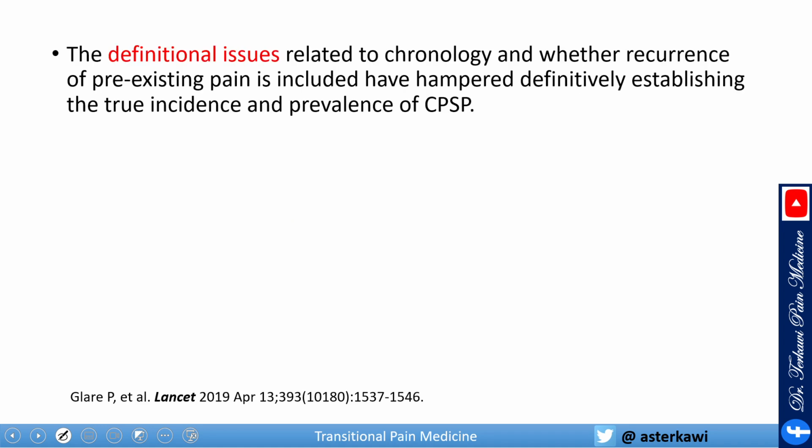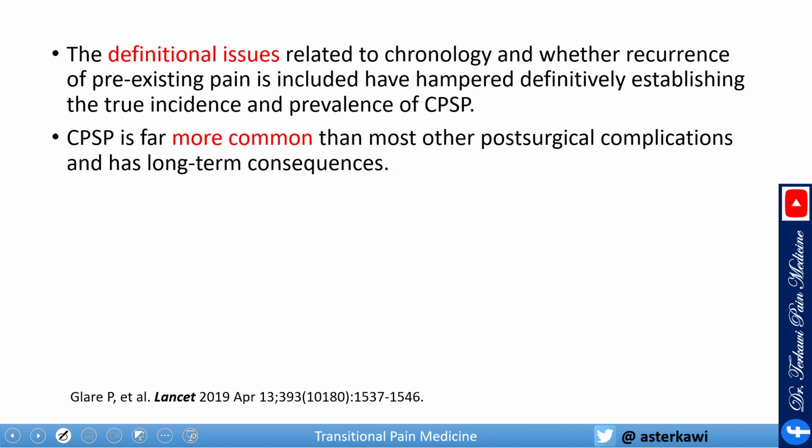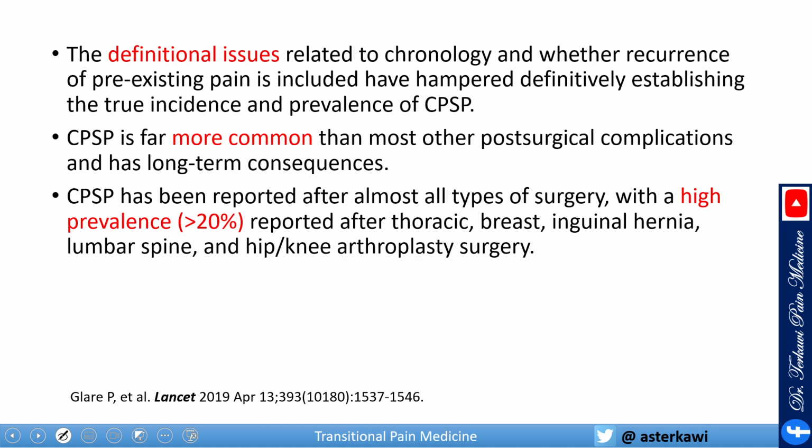Okay, so how common is this? Because, as I mentioned, of the variety in the definition in the past, we had a hard time establishing a good picture of the incidence and prevalence of chronic post-surgical pain. However, what we know now is that it's far more common than most post-surgical complications and long-term consequences.